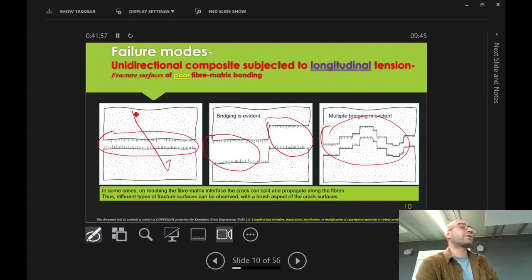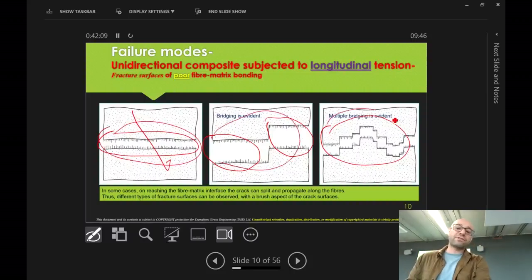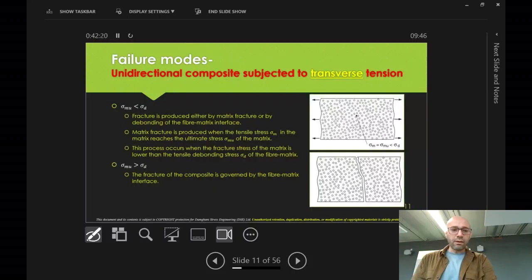So when you go to the lab and see the fracture surface of your tensile specimen, you just have a look at it. Does it break like this? Does it fracture like this? Or would you have a step? That would be indicative that maybe your manufacturing process was a bit faulty. So these are things to bear in mind.